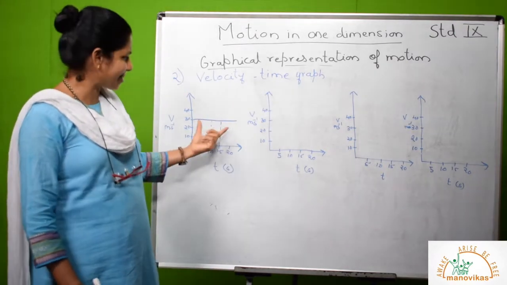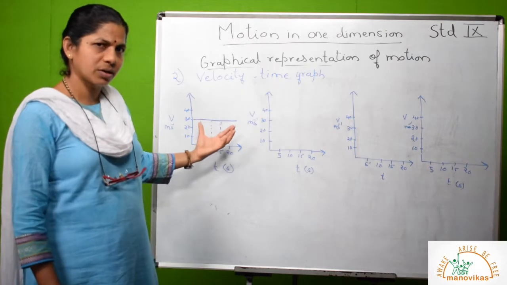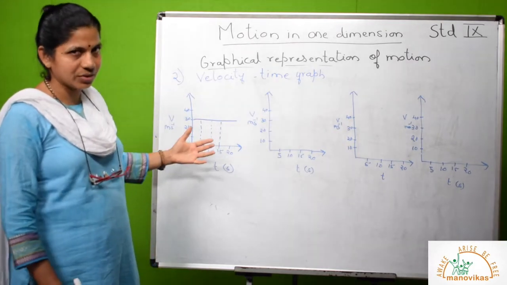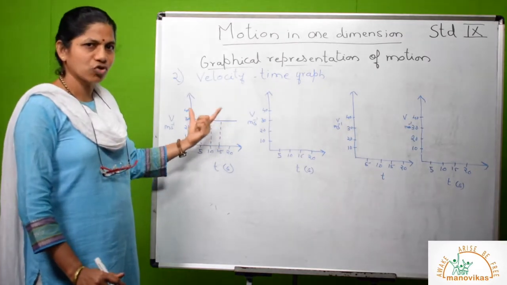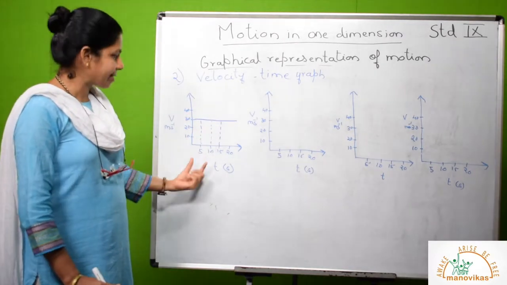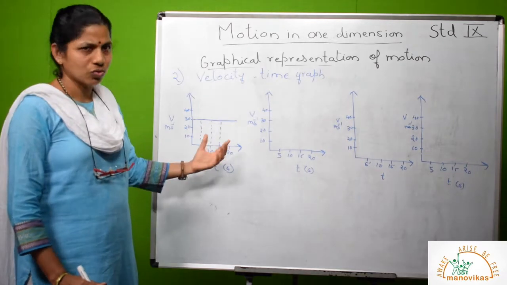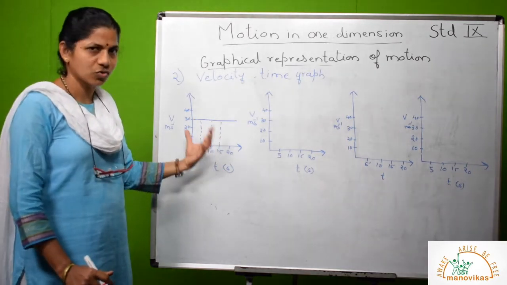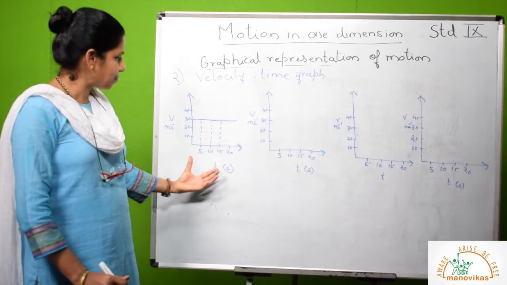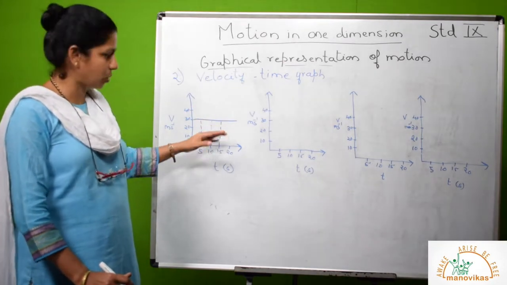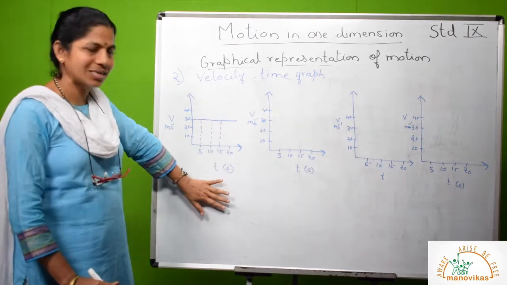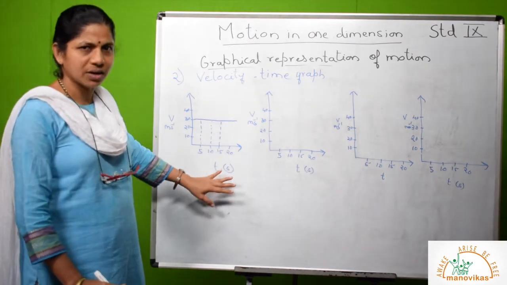Is there any acceleration in this graph? No. Here velocity remains constant, acceleration is 0. So you cannot find a slope; slope is in fact 0 here. So there is 0 acceleration in such a type of graph.